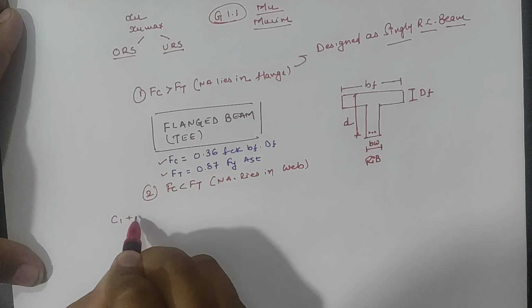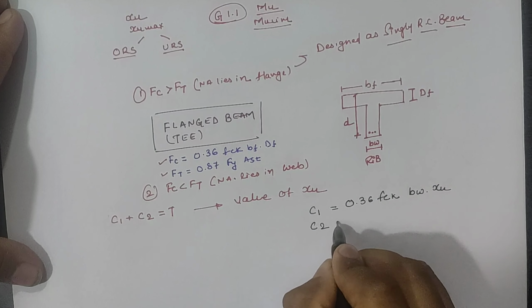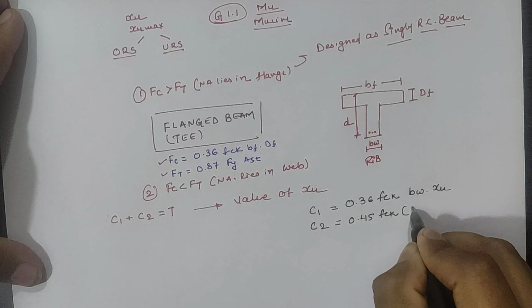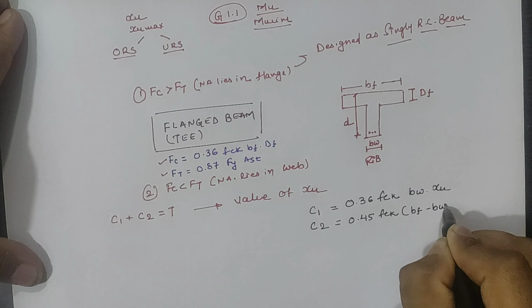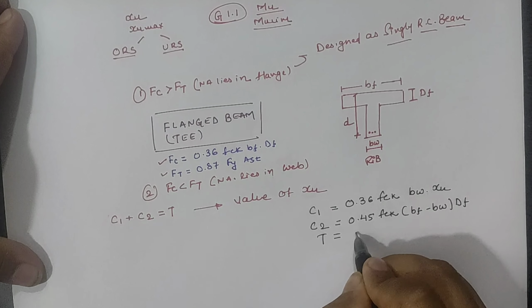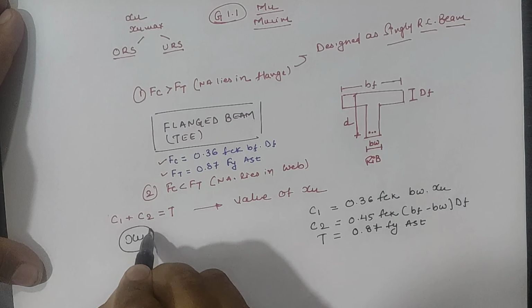For these steps C1 is 0.36 into FCK into BW into XU, and C2 is 0.45 FCK into the width of flange minus the width of rib into the depth of flange, while T is calculated by 0.87 Fy AST. After putting in all these values, we have to find the value of XU.